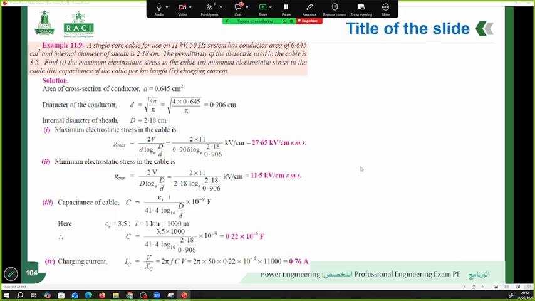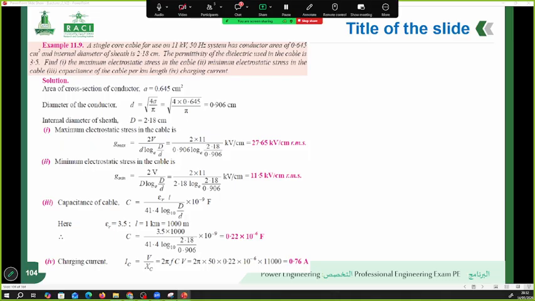Conversely, the minimum electrostatic stress occurs at the shields and is calculated as approximately 11.5 kilovolt per centimeter, indicating the non-uniform distribution of the electric field across the dielectric. This example highlights how cable geometry and material properties such as permittivity influence stress levels, which are critical for insulation design, reliability, and preventing dielectric breakdown in power cable systems.